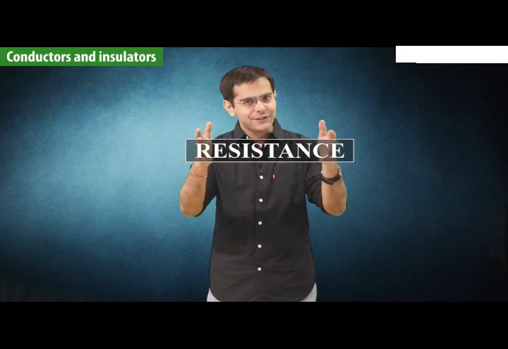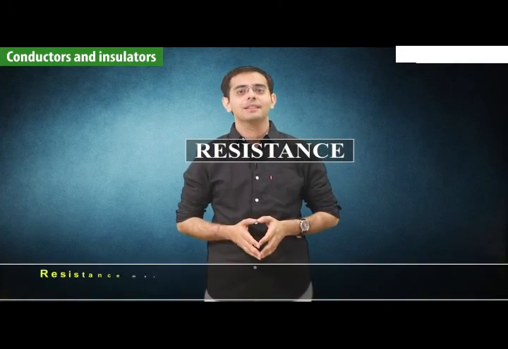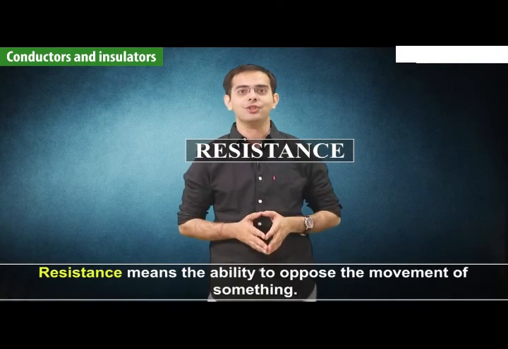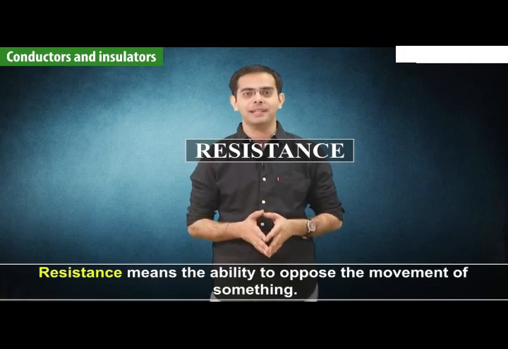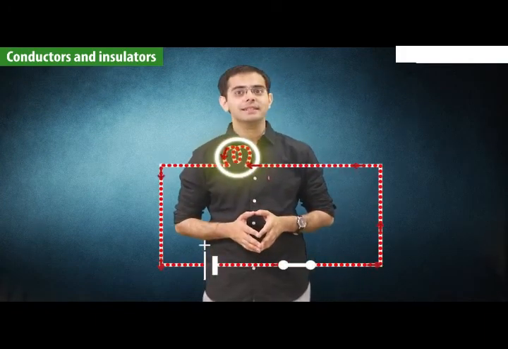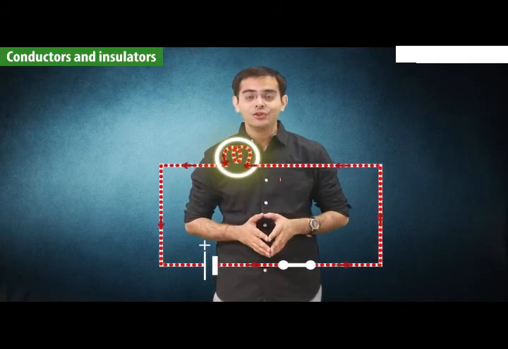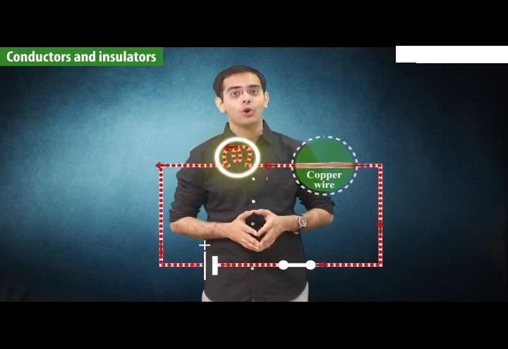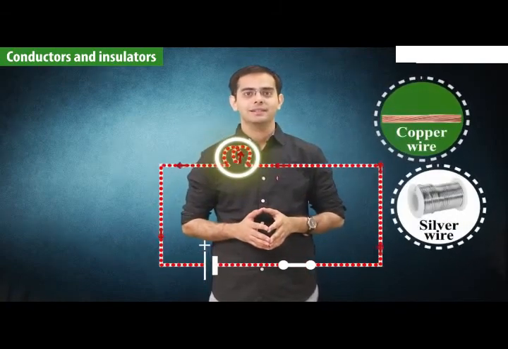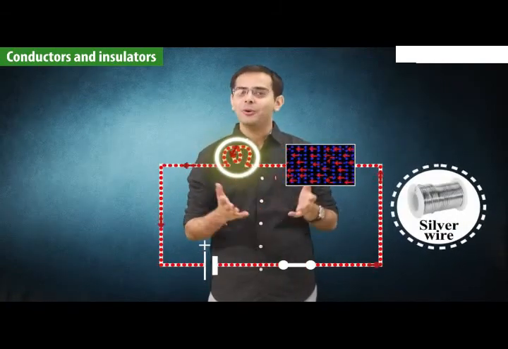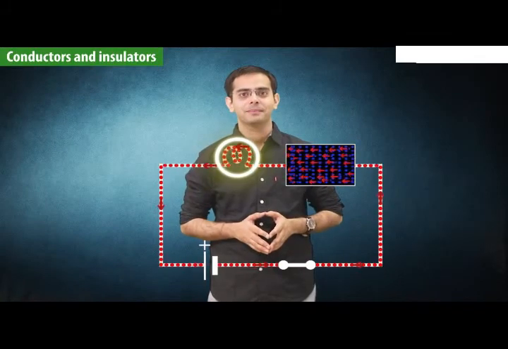So what is this resistance? Resistance means the ability to oppose the movement of something. And in electricity, there are some materials that offer least resistance, such as when the electrons flow through copper or silver wires. So they move quite freely without losing any energy.